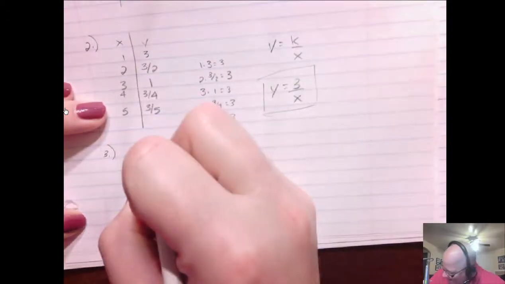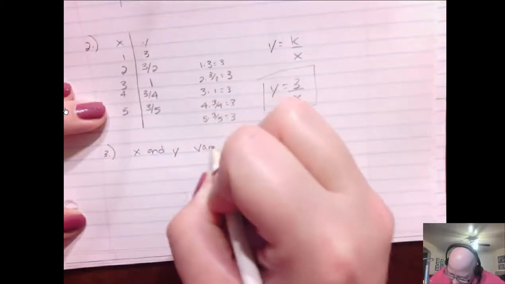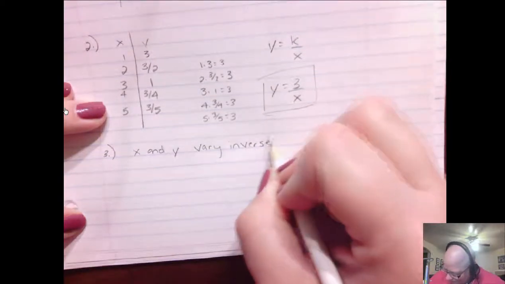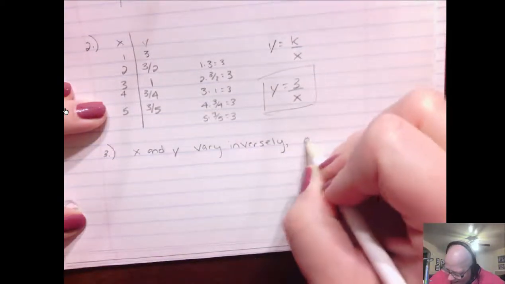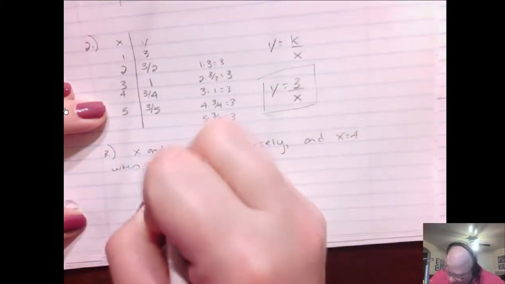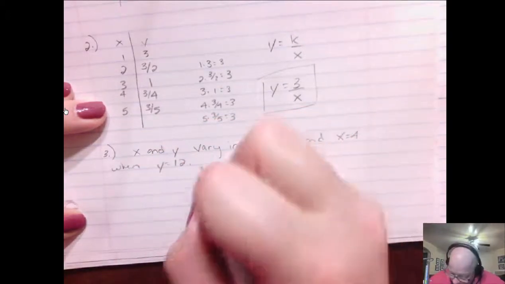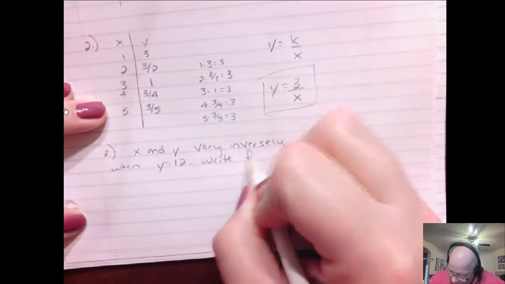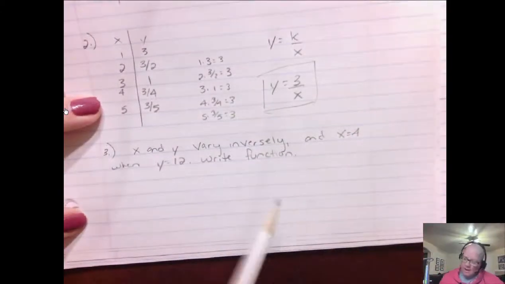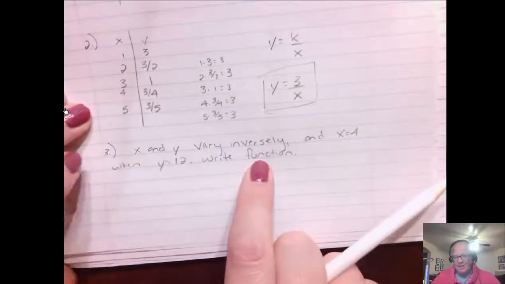So what if I say x and y vary inversely and x equals 4 when y equals 12, write the function for the situation. Sometimes you'll see then what is y when x is something, or what is x when y is this or something. So you might not have the function, you might have another part.